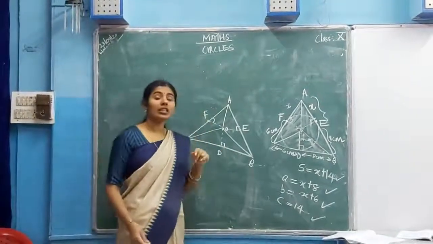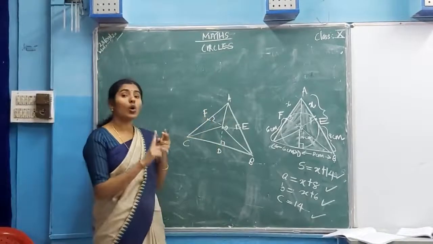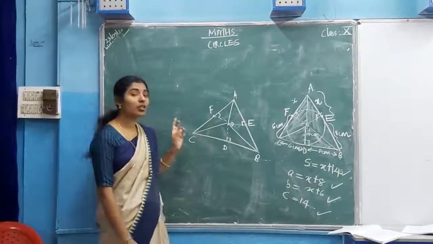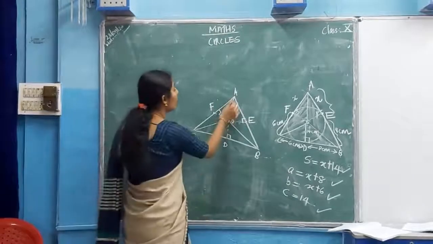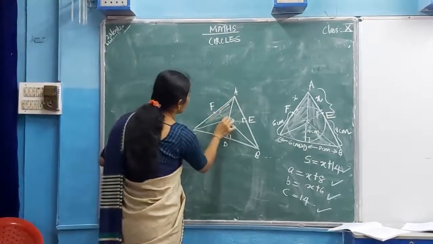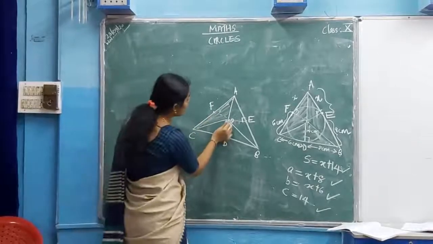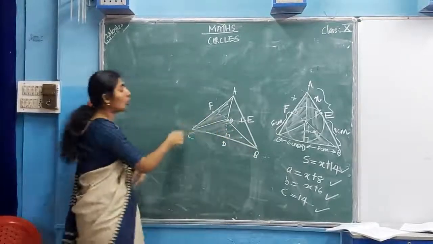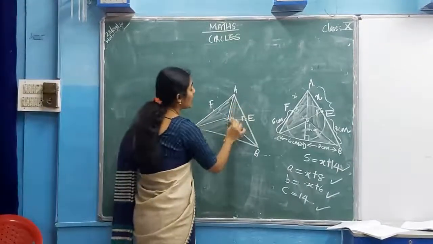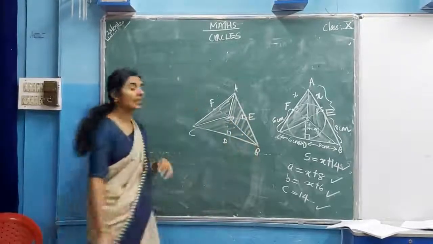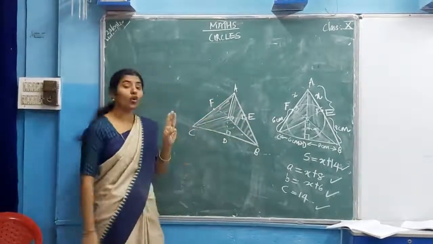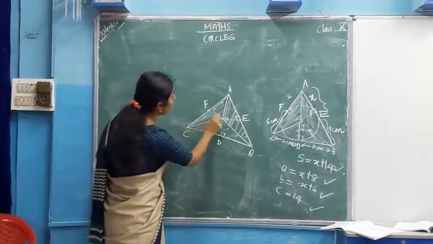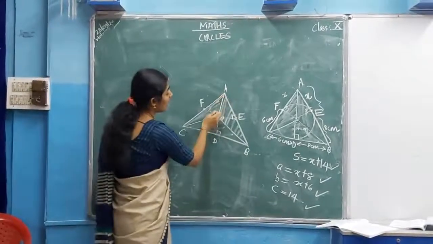Same triangle when you see, this triangle is the combination of 3 triangles. Isn't it? See this figure. Triangle ABC is the combination of 3 triangles. One is triangle AOC, another triangle is BOC, third triangle is AOB.